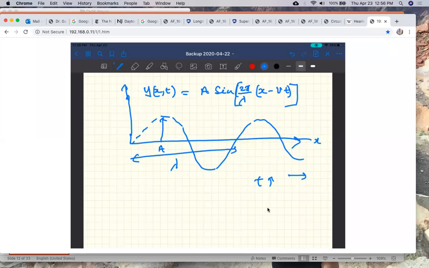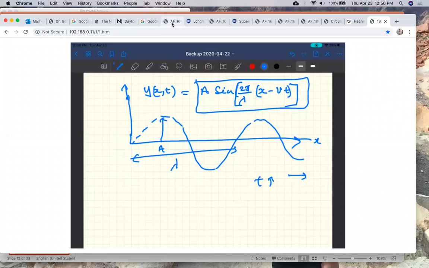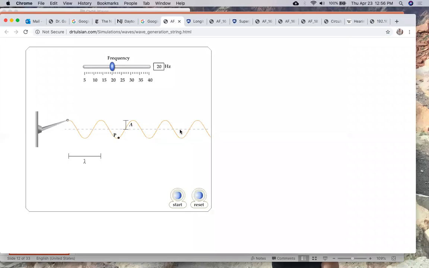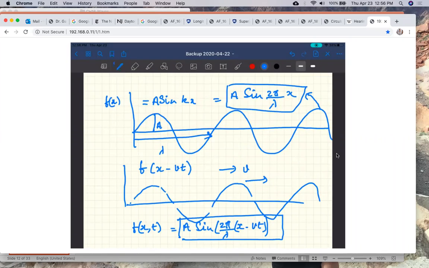Okay. And now what we'll do is we will write, okay, so that's this fellow right here that function describes this wave traveling to the right. Okay, and all of that was based on just this little trick that you learned in calculus.